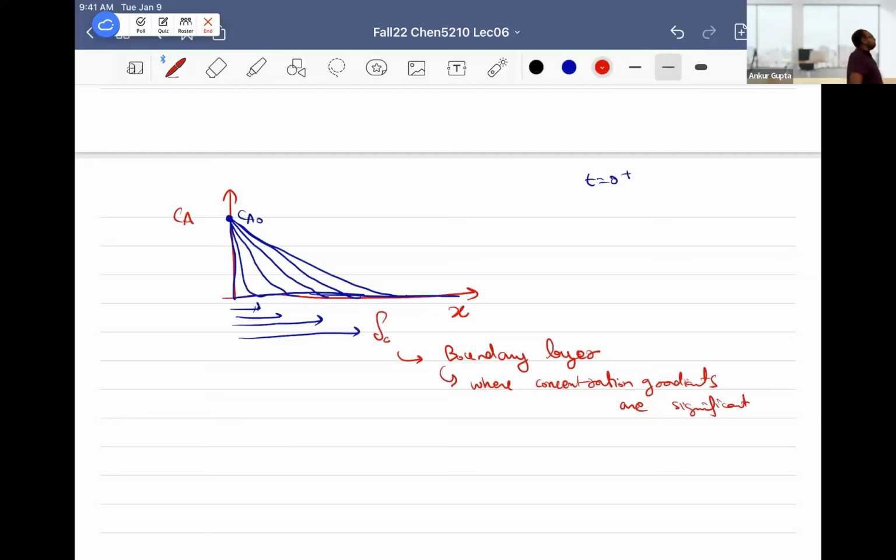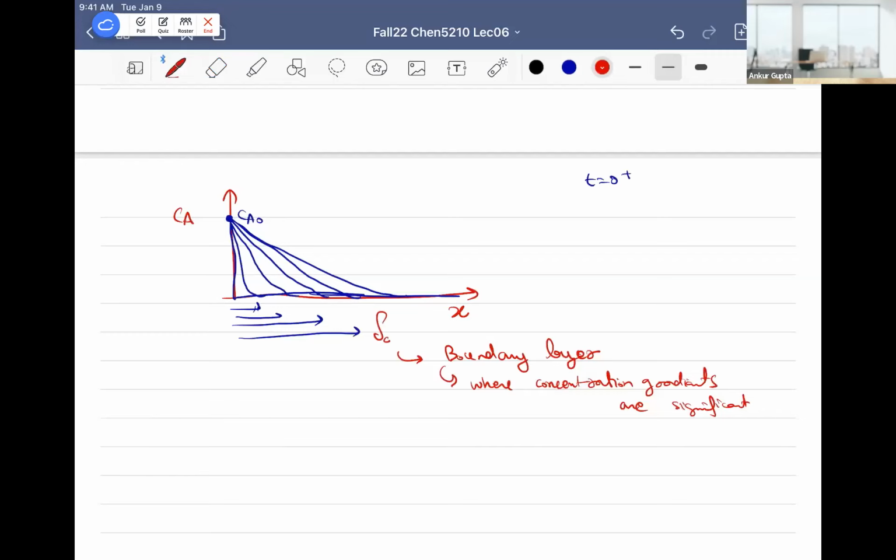Okay. Delta of C. And the whole idea of similarity is this. So again, I want to emphasize the physical idea that I'll shrink down the x-axis, I'll shrink down the y-axis in a way that I get one master curve. It's a beautiful idea.